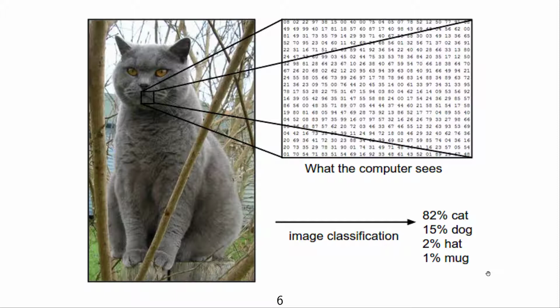So it would say maybe 82% is cat, 15% dog, 2% hat, and 1% mug. And then as the final output, you simply pick the category that has the highest probability. In this case, this would be a cat.